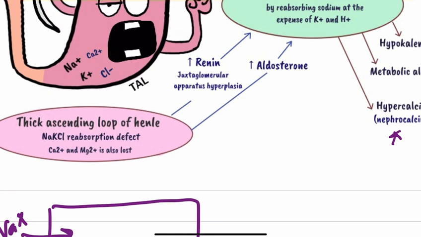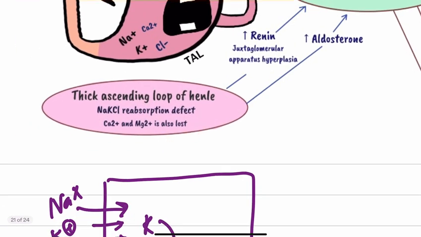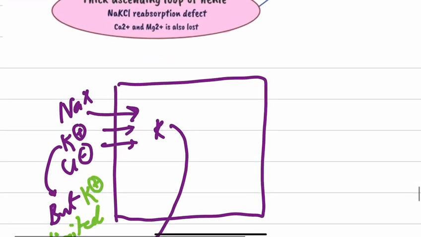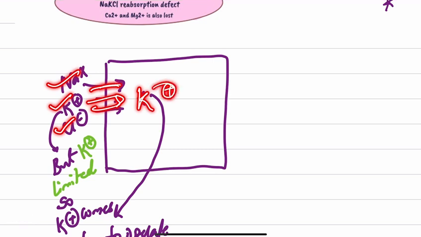There is a sodium potassium 2 chloride channel, the NKCC2 channel, that works here, and it is defective. With a defect in this channel, calcium and magnesium are also lost here. If you read the pathophysiology, you will see that sodium potassium 2 chloride is not absorbed, as sodium potassium chloride is absorbed but the potassium is limited by the channel.